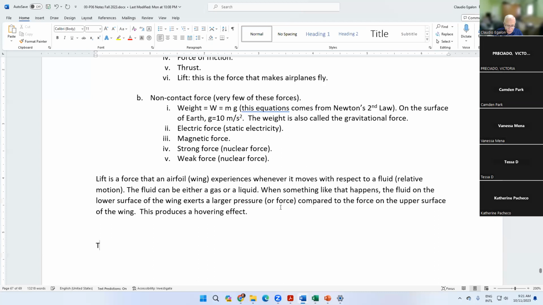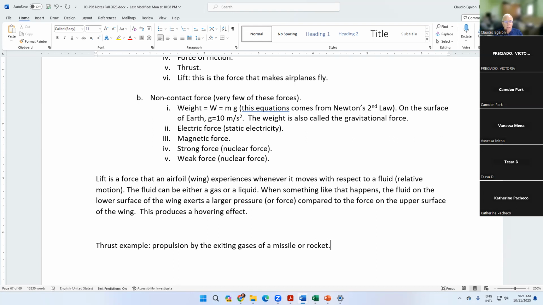In the case of the thrust, the best example for thrust is that of a missile. Thrust example: propulsion by the exiting gases of a missile or rocket. Okay?